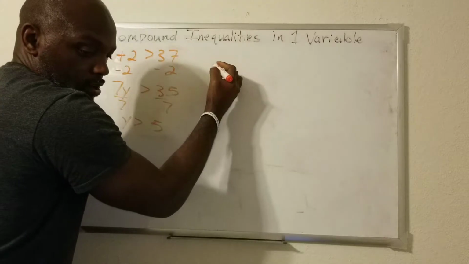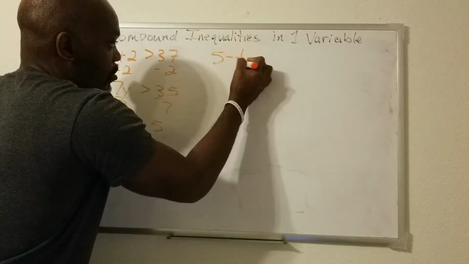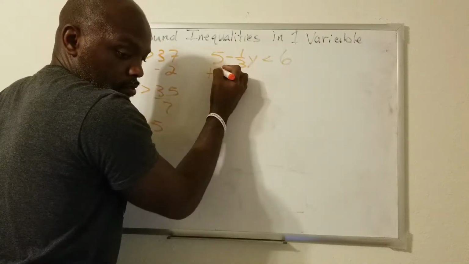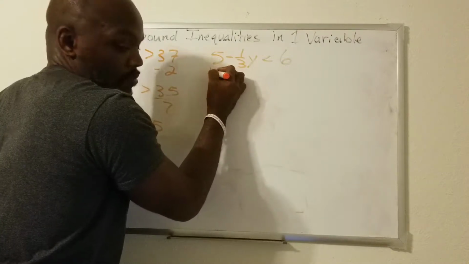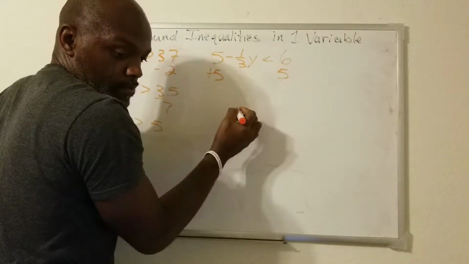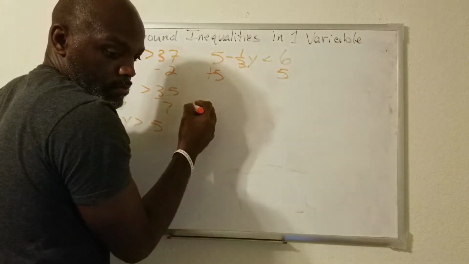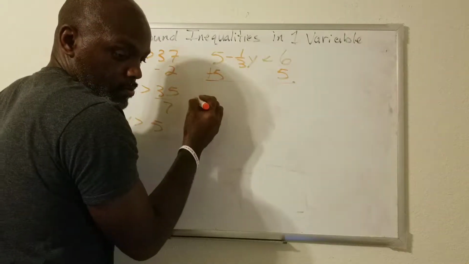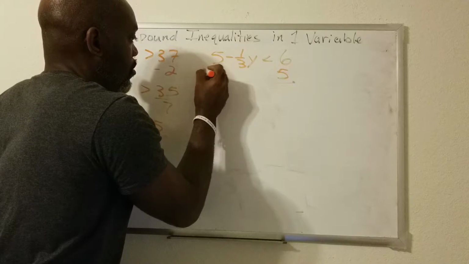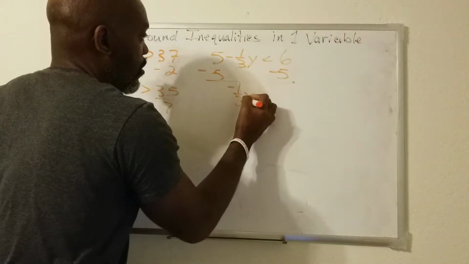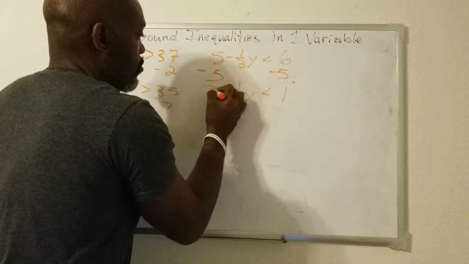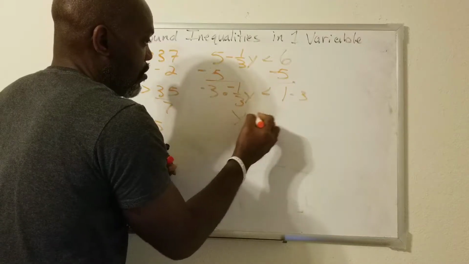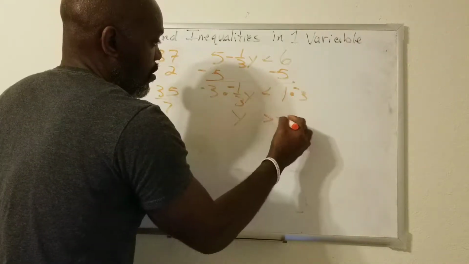Then you have 5 minus 1/3 y less than 6. Minus 5, so negative 1/3 y is less than 1. Multiply by -3, so you have to flip the sign. So you end up with y is greater than -3.